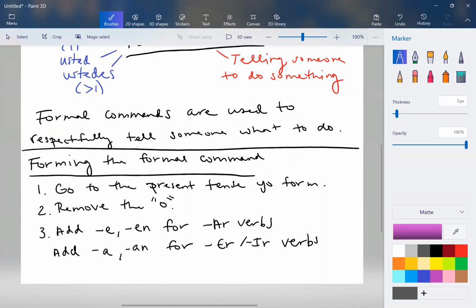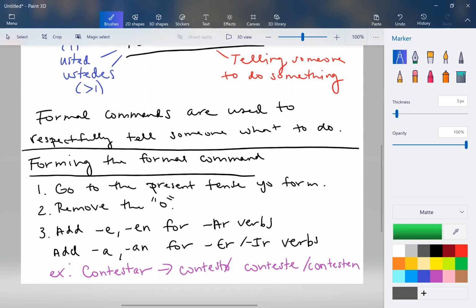So for one quick example, before we go into other things, if I was going to say answer, contestar, contesto, conteste, or for ustedes, contesten.